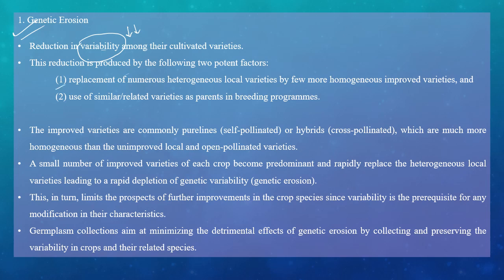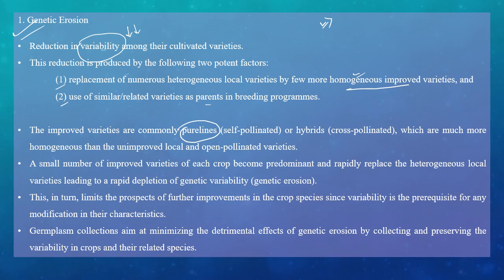First is the replacement of numerous indigenous local varieties by a few more homogeneous and improved varieties. Second is the use of similar or related varieties as parents in breeding programs. That means the local varieties which were mainly contributing as a source of genetic variation, we are replacing with more improved homogeneous lines, like in self-pollinated crops, which are the pure lines.